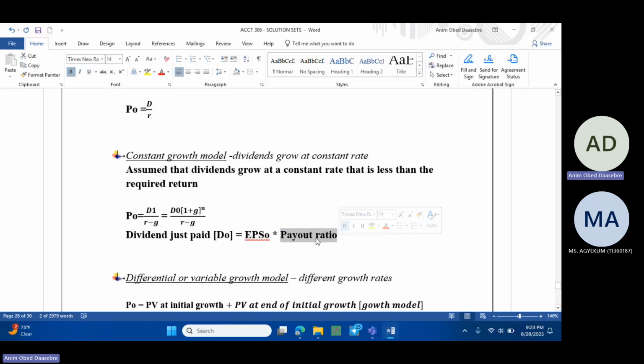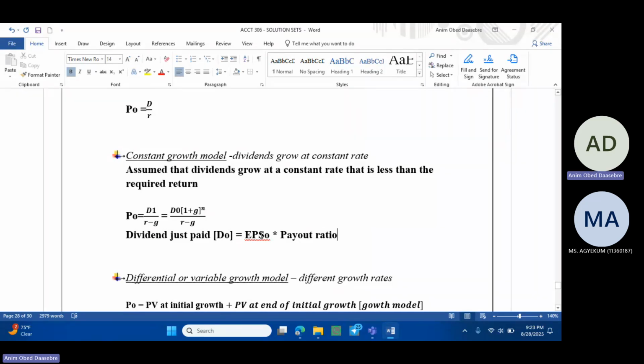So if you want to find the dividend that will be paid towards shareholders, you find that percentage of your earnings, then you multiply it by the earnings per share, so that you can know the dividends.